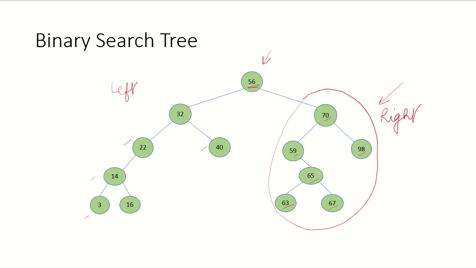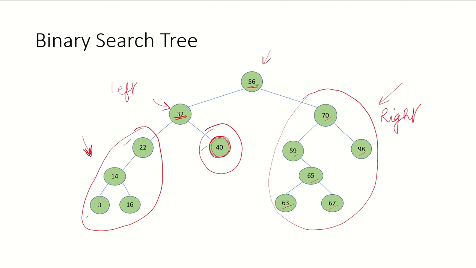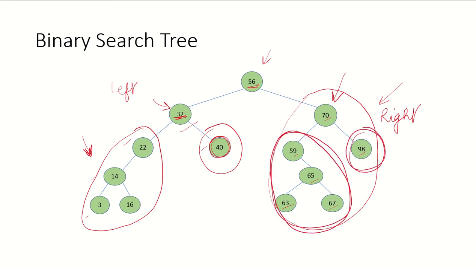If you see, for this node, this is the left subtree and this is the right subtree. All values in this left subtree are less than 32, and all values in the right subtree are greater than 32. Similarly, for node 70, this is the left subtree and this is the right subtree.